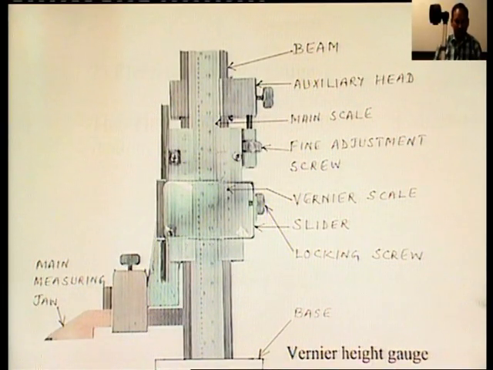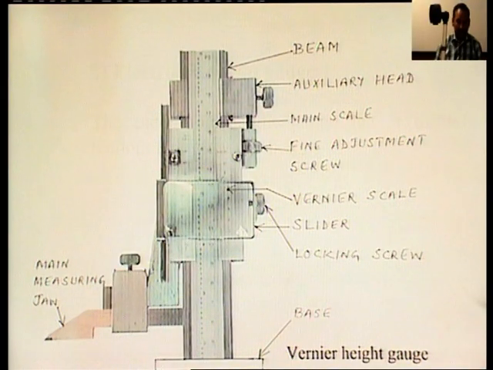The slider has a good sliding fit along the full length of the beam. It consists of a vernier head carrying the vernier scale and a clamping screw. Next is the measuring jaw and the scriber. A measuring jaw and the scriber is attached to the front of the vernier head. This is the measuring jaw.